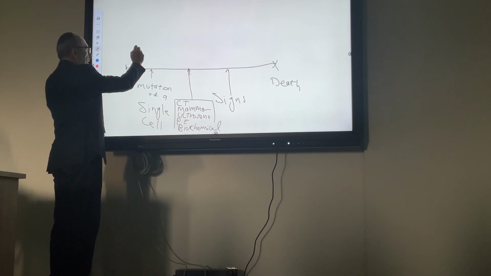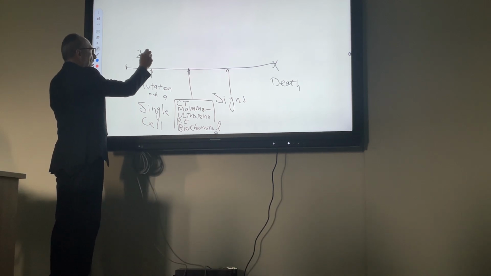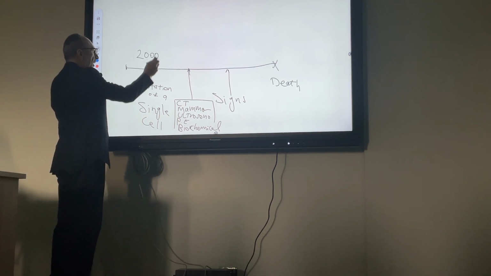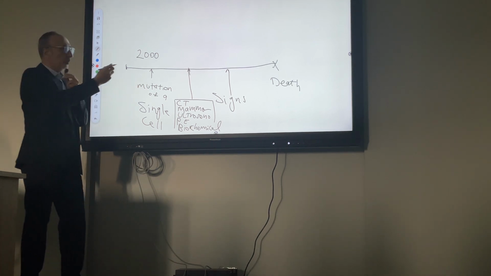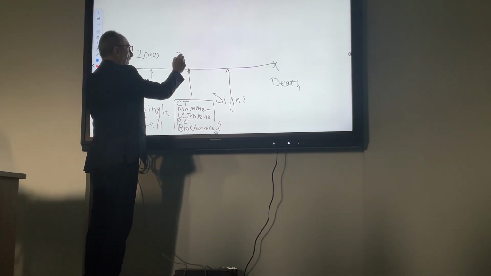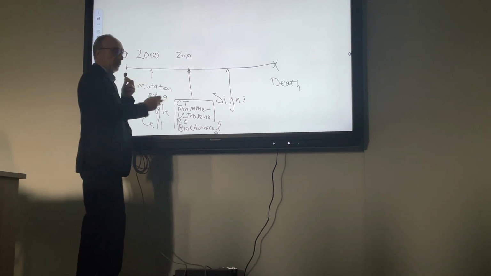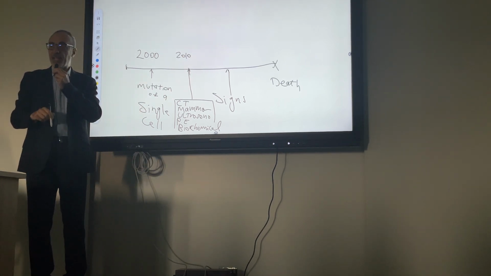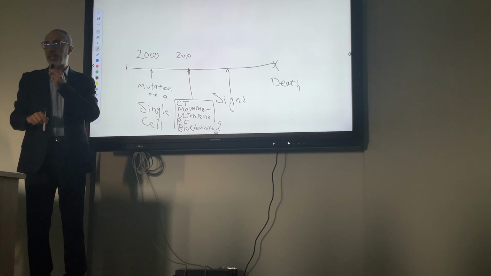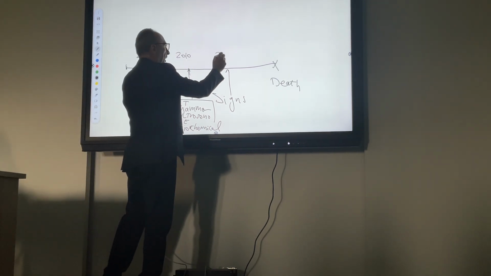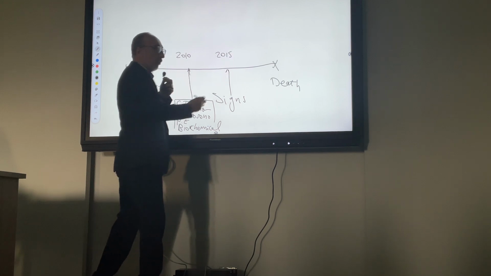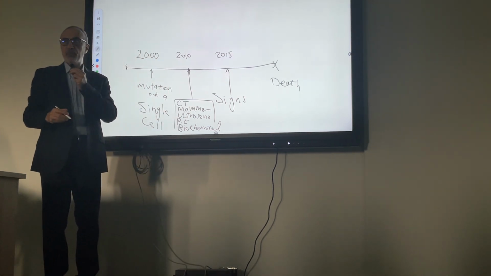Just for example, suppose that the first mutation occurs in year 2000. In 2010, we can detect this cancer at an earlier stage. 5 years later, signs and symptoms appear.